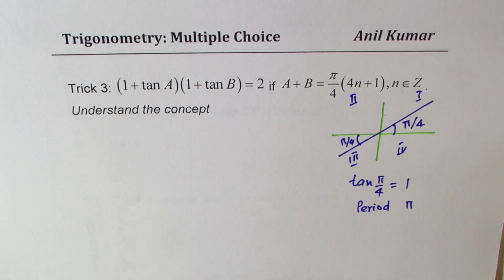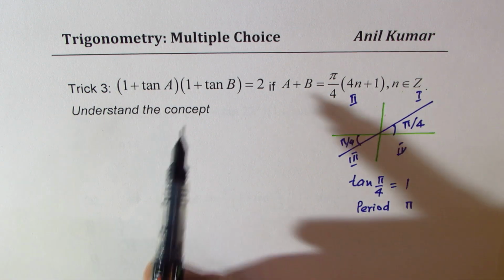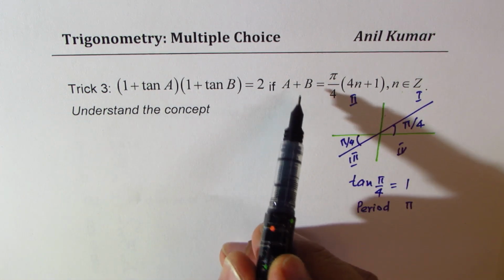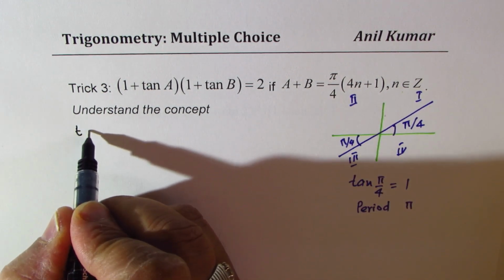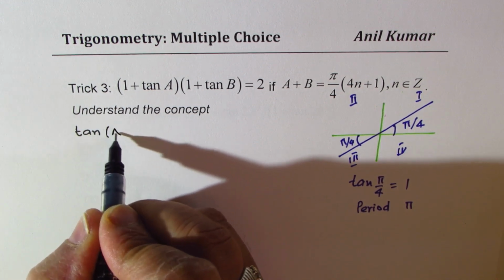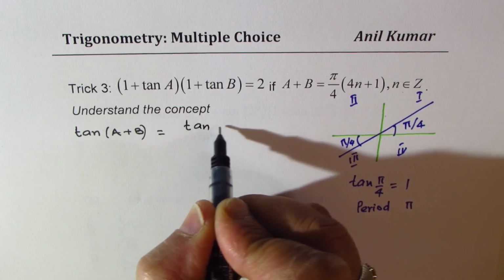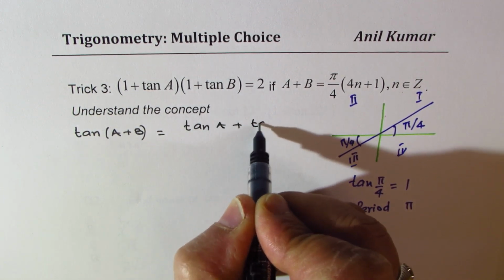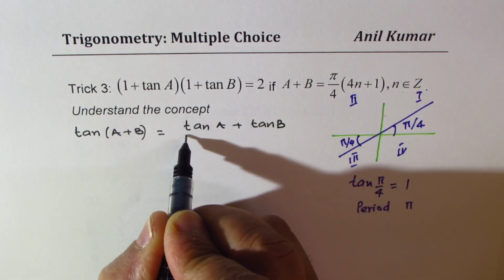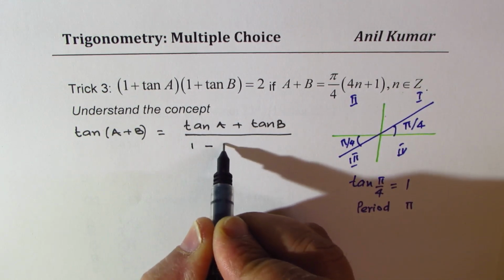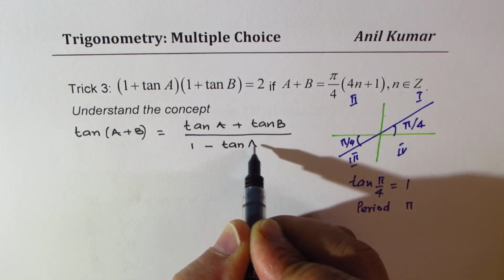Now how do we prove it? I hope you can recall trick number 1 where we used a compound angle formula. So whenever A + B is involved, think like this. What is tan(A + B) equal to? The formula is (tan A + tan B) over (1 − tan A tan B), correct?